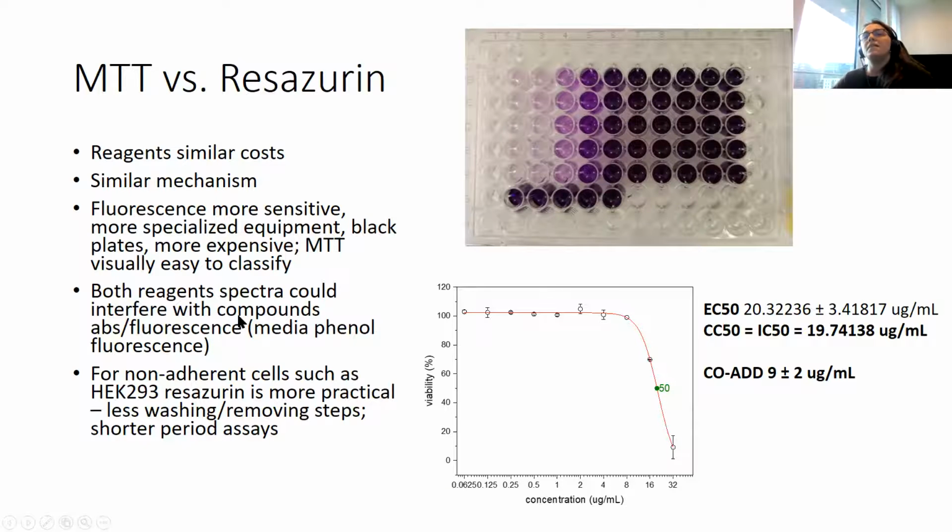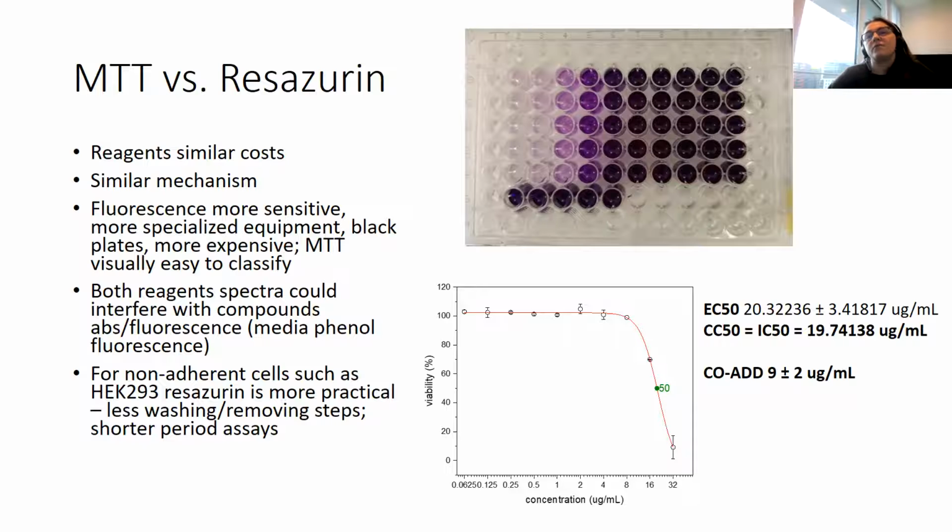And the reason we did MTT is because we're very familiar with it, and usually it works first off, as I promised actually. But there were quite a lot of things to optimize with this particular cell line because it isn't adherent.